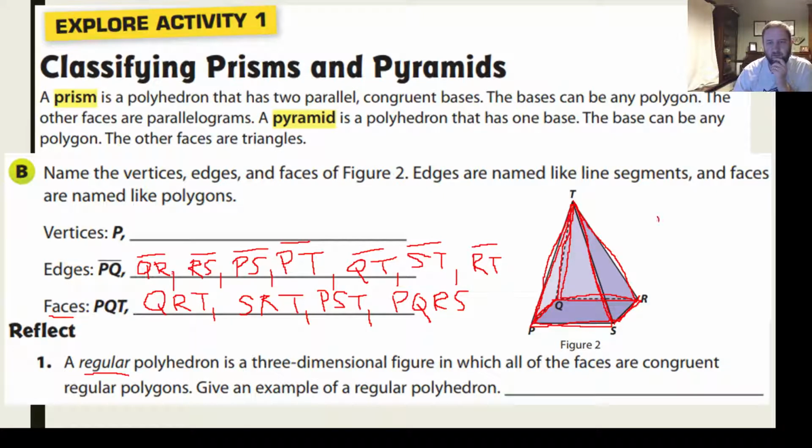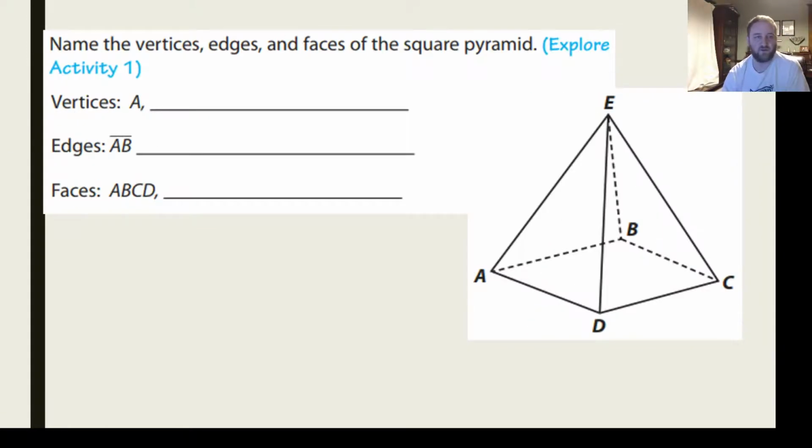Think about something like this. Maybe like a square. All the faces are squares, right? What's that shape called? If you said cube, you would be correct. So a cube would be an example of a regular polyhedron.